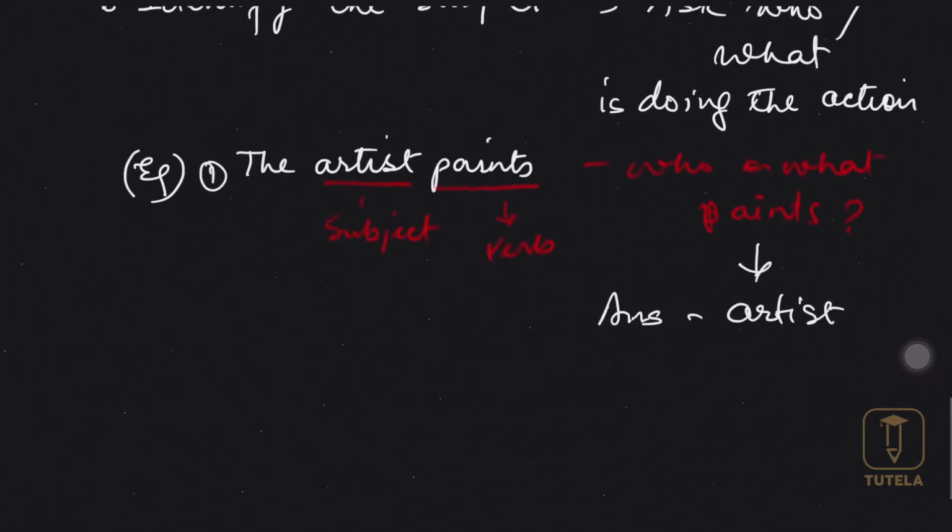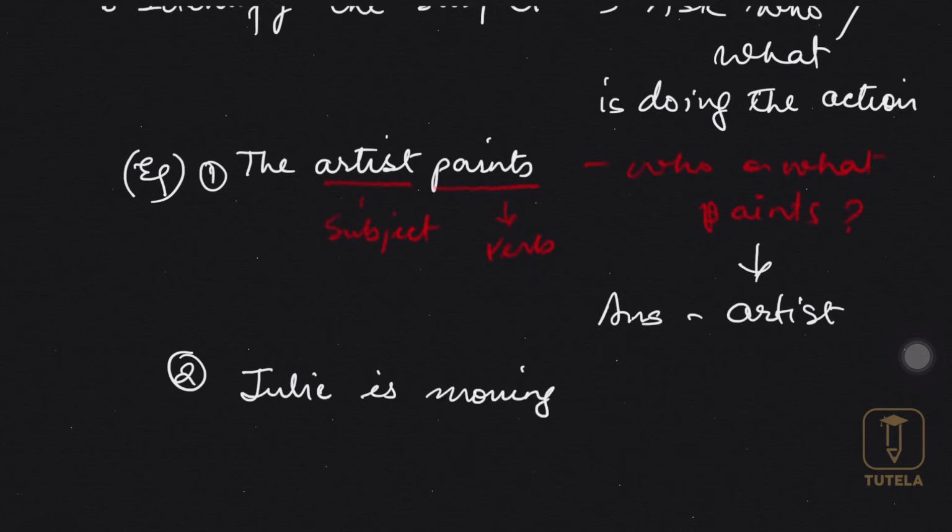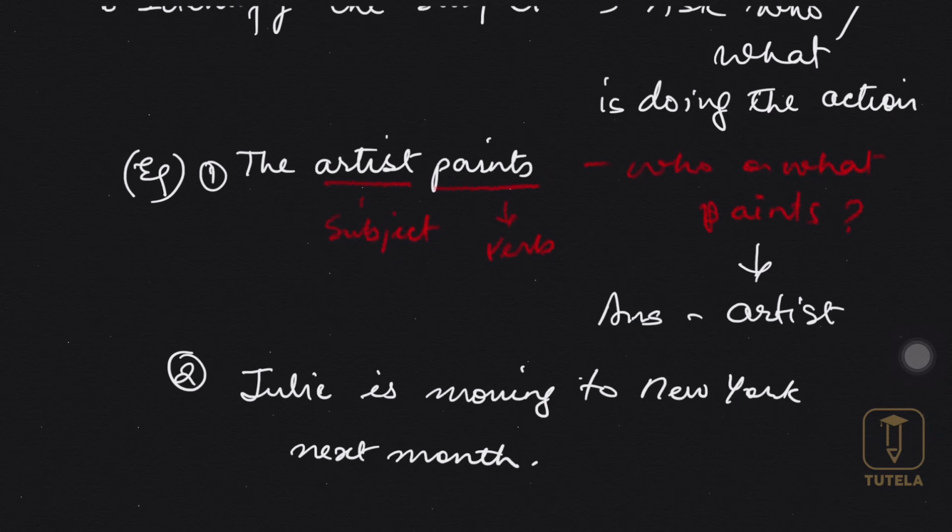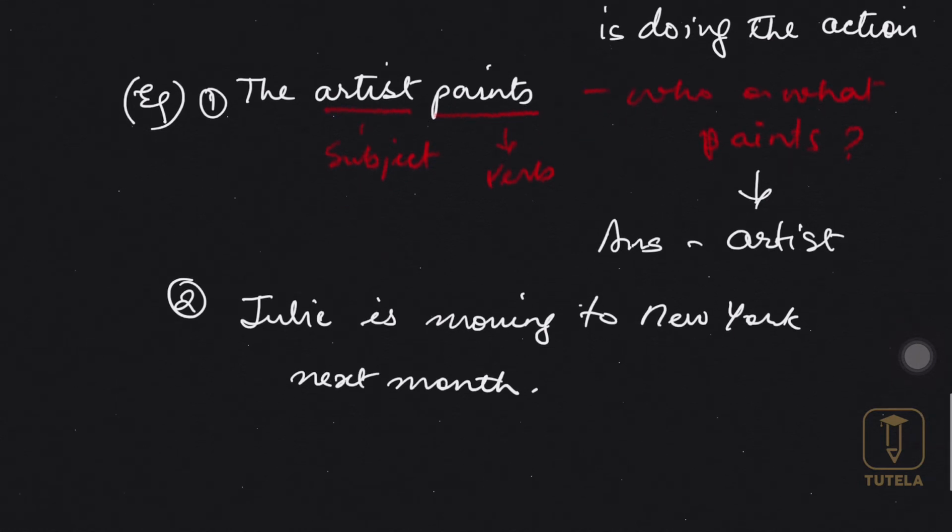Let's take into account another example. Julie is moving to New York next month. The first rule is to look for the verb. So what is the verb here? The verb is moving.